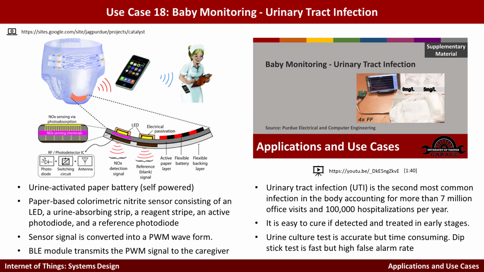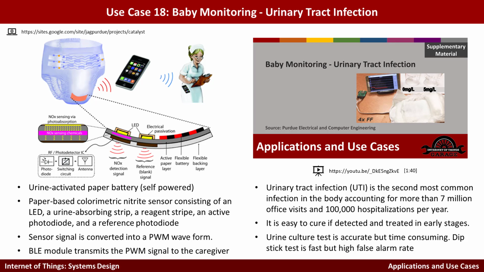This is another use case about baby monitoring. The idea is to track any urinary tract infections. They have developed sensors that can be put on the baby's diaper, and the sensors are basically urine-activated paper-based batteries, designed to detect any infections.